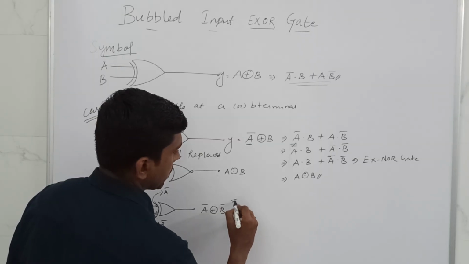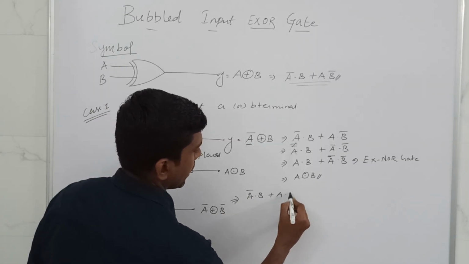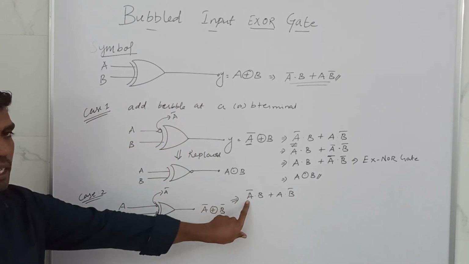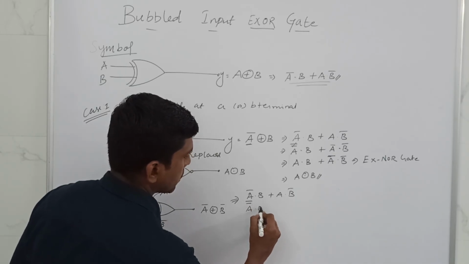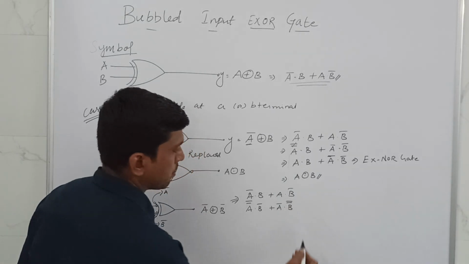The expression is A bar dot B plus A dot B bar. I substitute these input values in this expression, so A double bar dot B bar plus A bar dot B double bar.